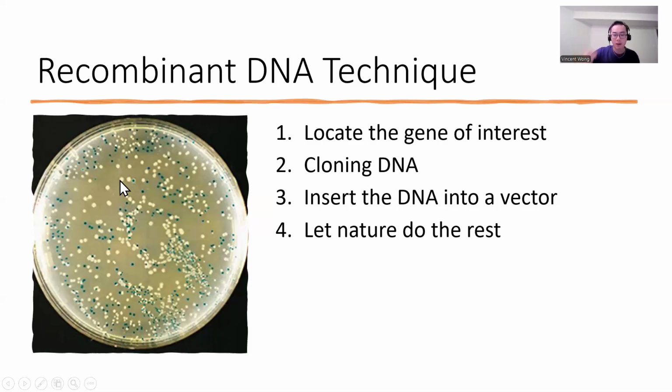So if you scoop up one of these and put it in a new solution, they will start growing and growing and growing, and they will produce a lot of insulin for you. So that's one way of telling whether or not the bacteria has accepted the DNA. That's not the only way, as we will see later on. I think today we will only have time for number one and number two, and then on Thursday we'll finish with three and four.